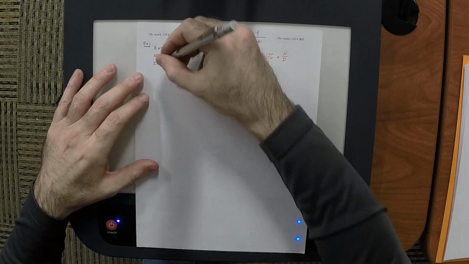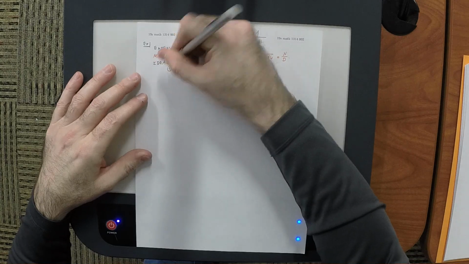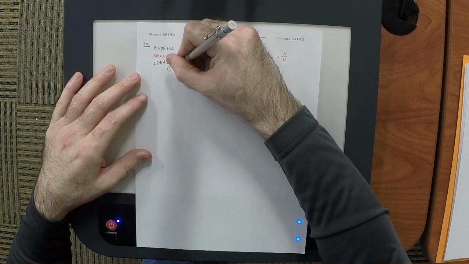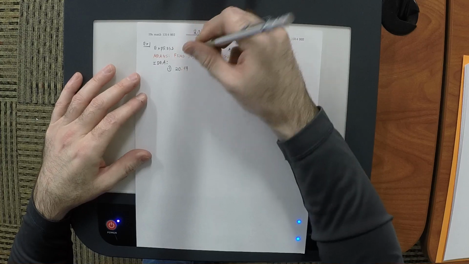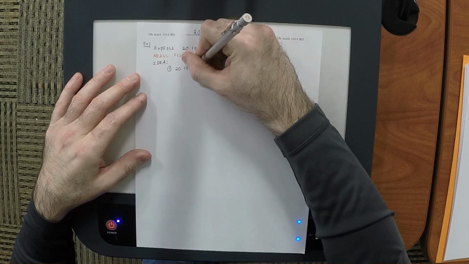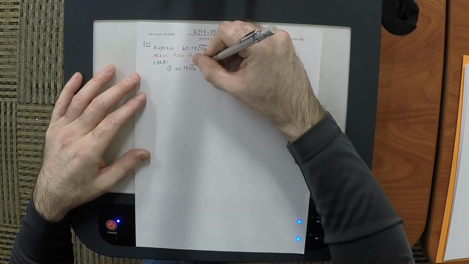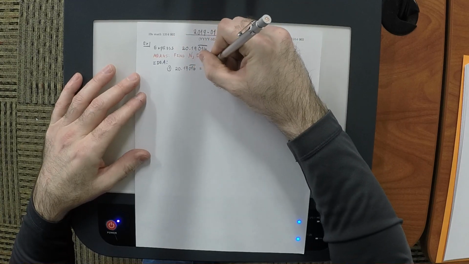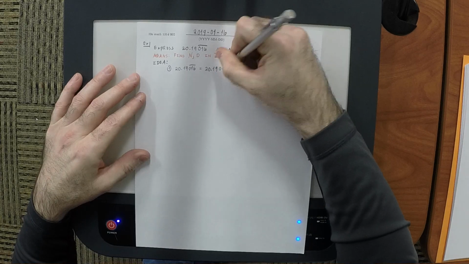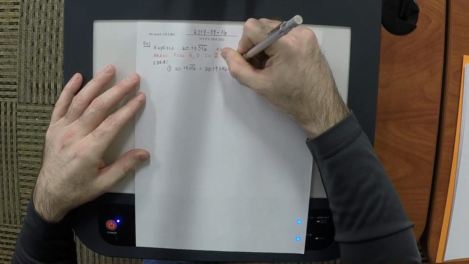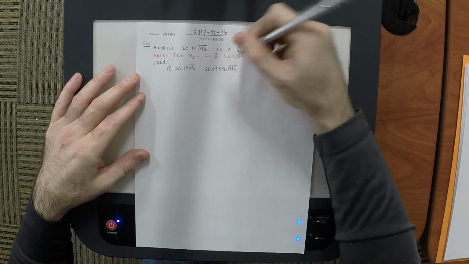The first idea is that the number 20.19016 repeating is the same as 20.19016 and then 016 repeating.